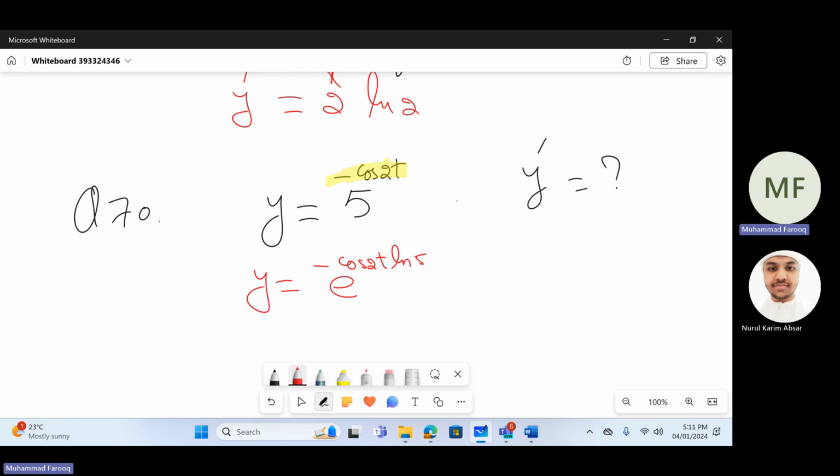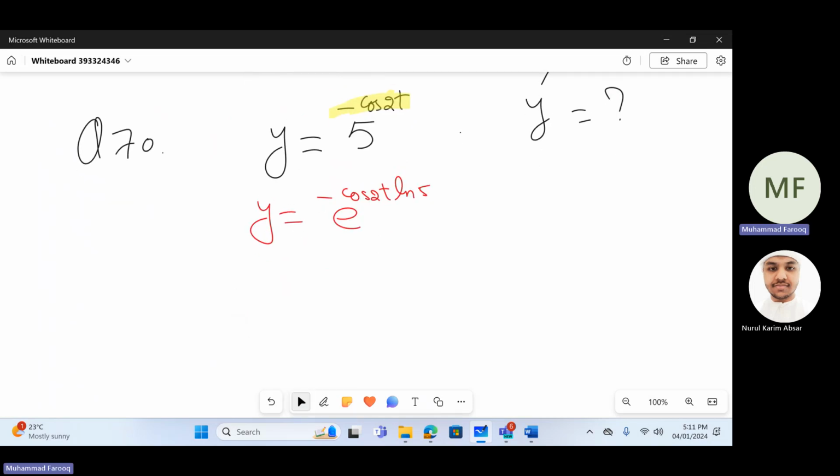So we got base e. Now please differentiate y prime. We know very well: copy the same function, e to the power minus cosine 2t ln 5, times the derivative of the power. Please help me, how do I take the derivative of minus cosine 2t times ln 5?